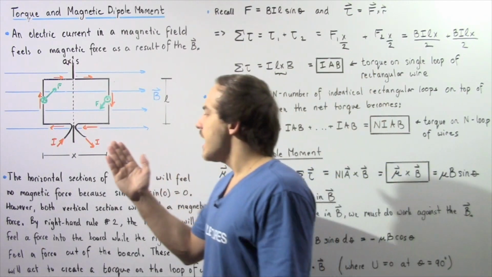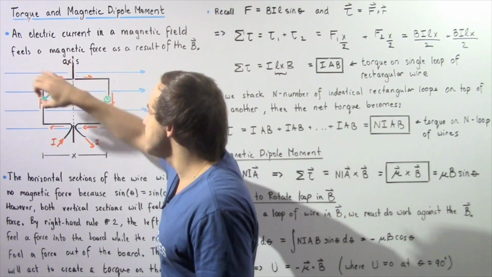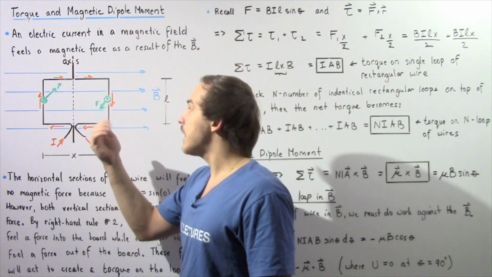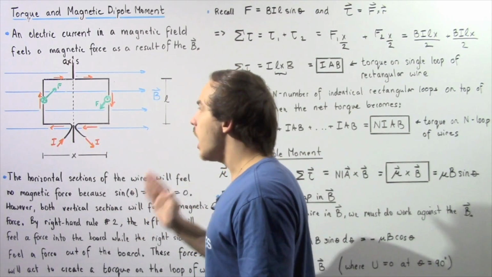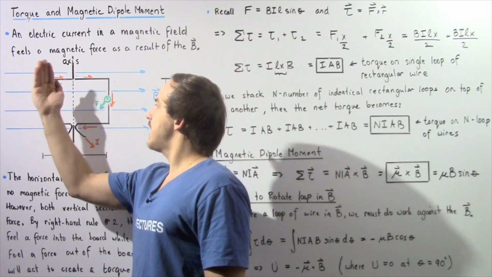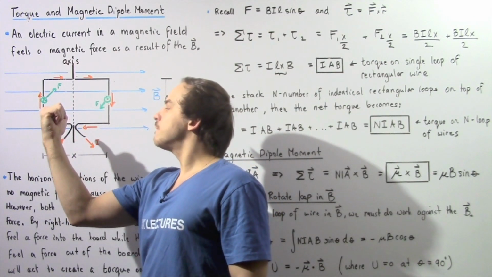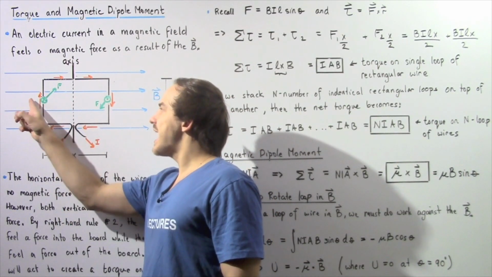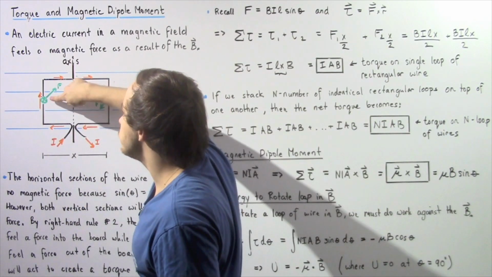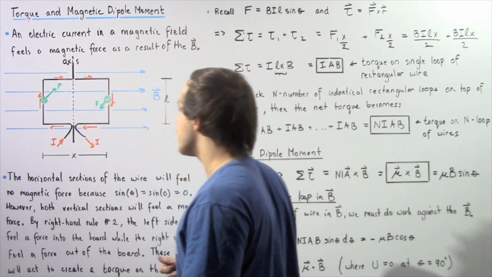We take our hand and point our fingers in the direction of our electric current. In this section, our electric current points upward. Then we curl our fingers in the direction of our magnetic field, and we extend our thumb in the direction of our force. So the magnetic force acting on this section of the wire will point into the page, as shown by the following X.